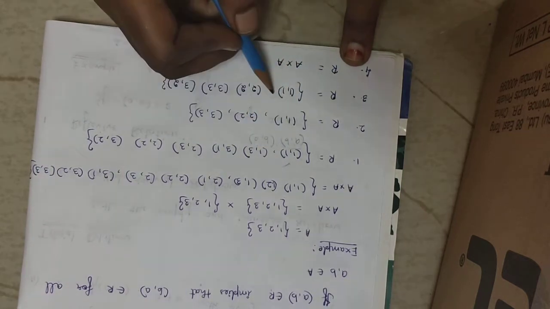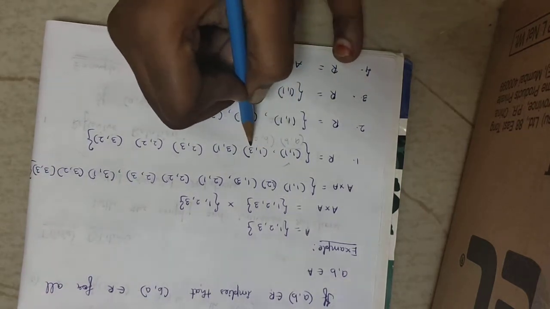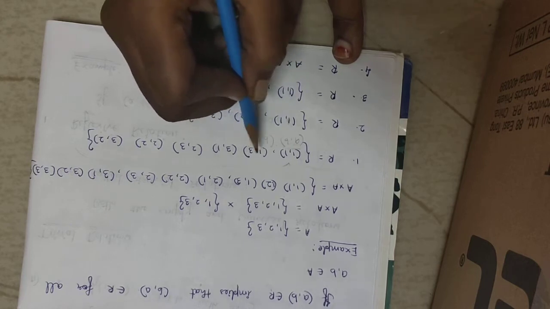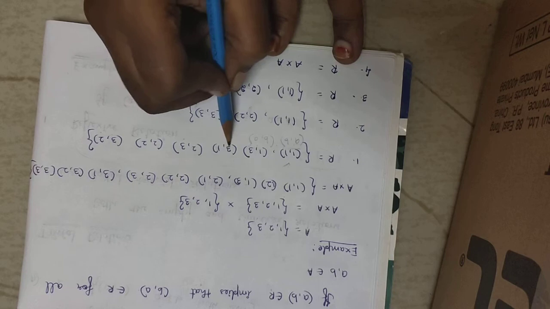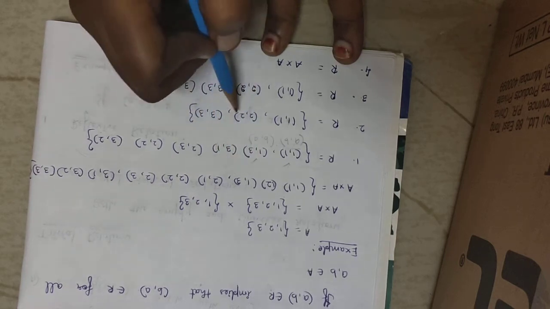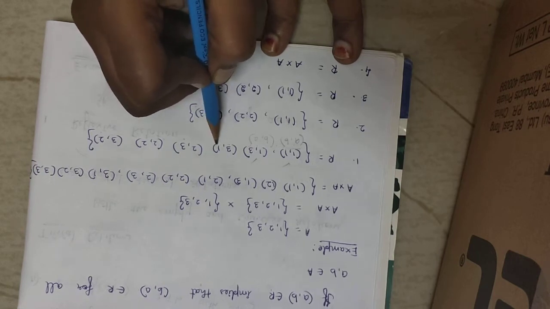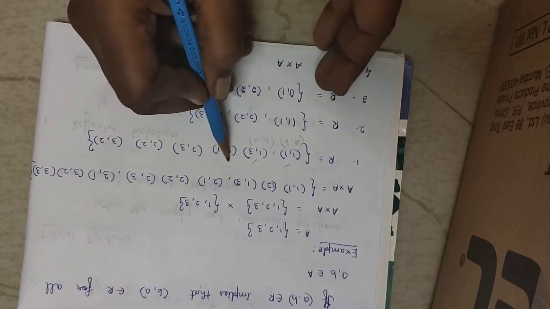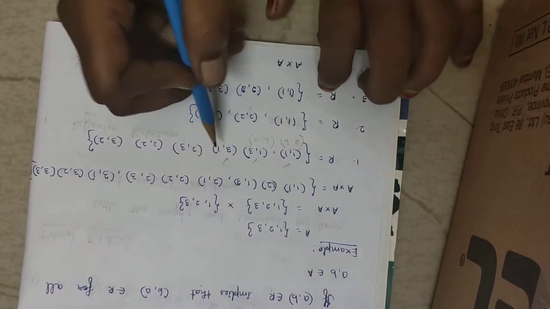So this condition satisfies. Now go for the second one. (1,3) means the next one will be (3,1). So this satisfies. Now take (3,1). The next one will be (1,3). So this also is satisfied.